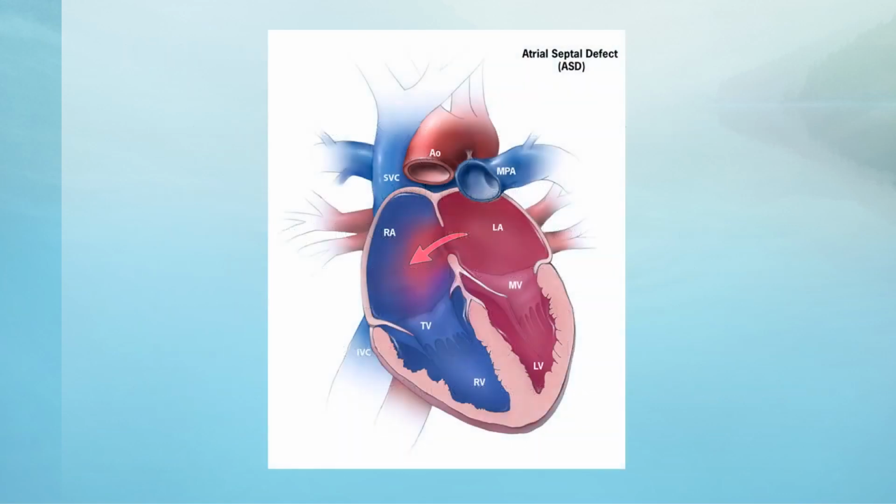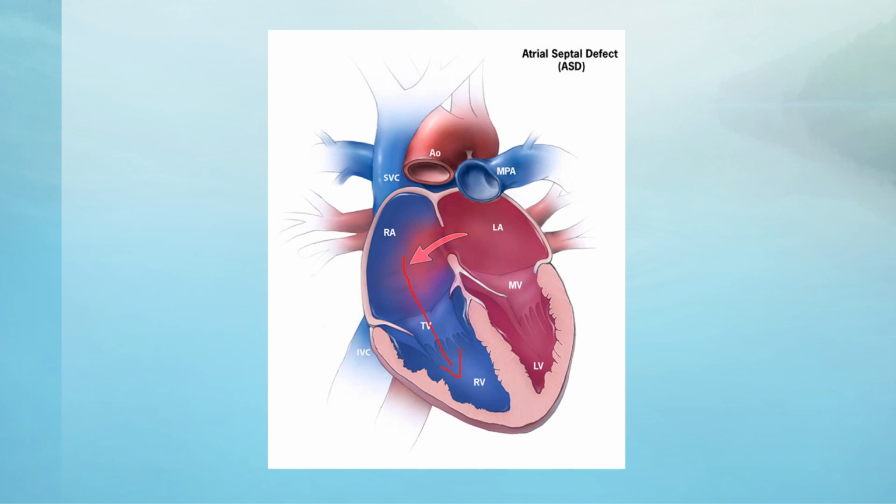Everyone have a look at this image. Let me explain the normal circulation of the heart first. In normal circulation, the SVC and the IVC drain the deoxygenated blood into the right atrium, and from the right atrium the blood flows into the right ventricle through the tricuspid valve.